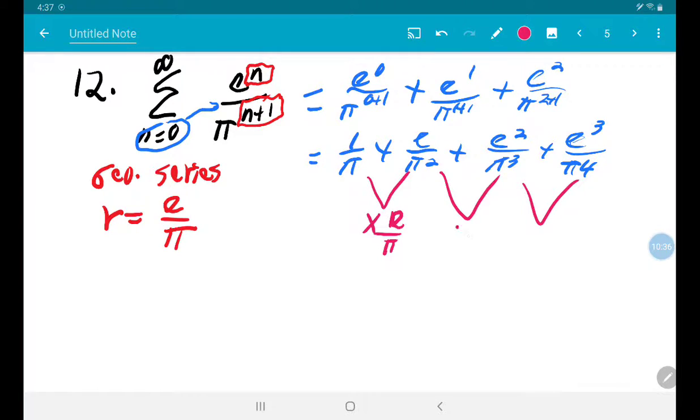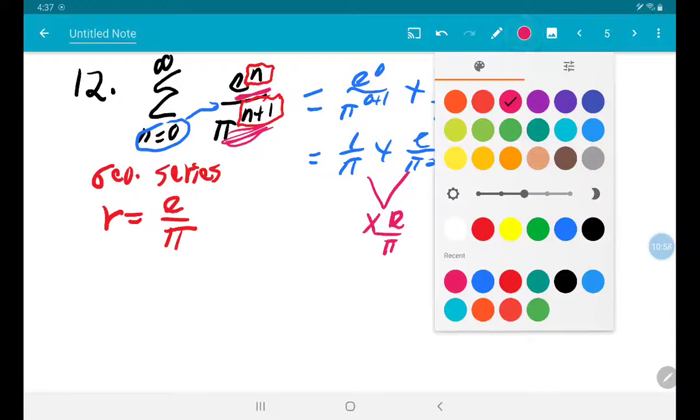E times e makes e squared, and then another pi times e over pi. That's my ratio. So you can either go old school and crank out a few terms and figure out your common ratio that way, or, like I said, if it's being raised to an n or an n plus 1 power, that's going to be part of your ratio.